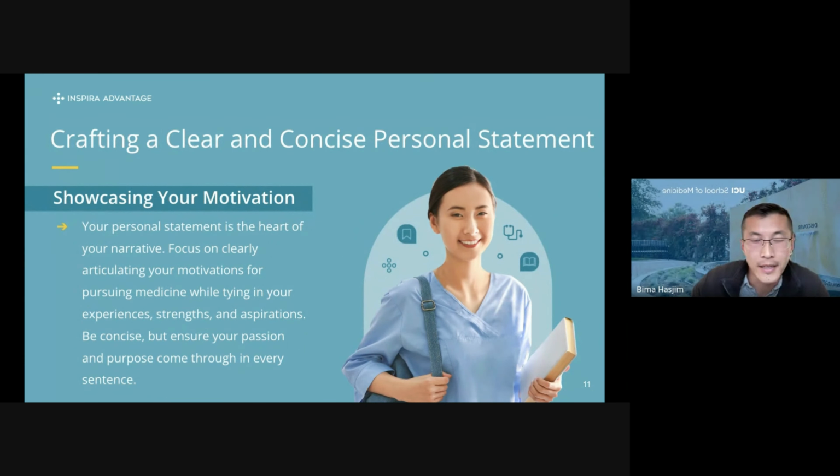So diving a little deeper into the personal statement, you'll want to craft a clear and concise statement where you showcase your motivations. Your personal statement is the heart of your narrative. Try to focus on articulating your motivations for pursuing medicine. Think about the prompt and answer it as concisely as you can.